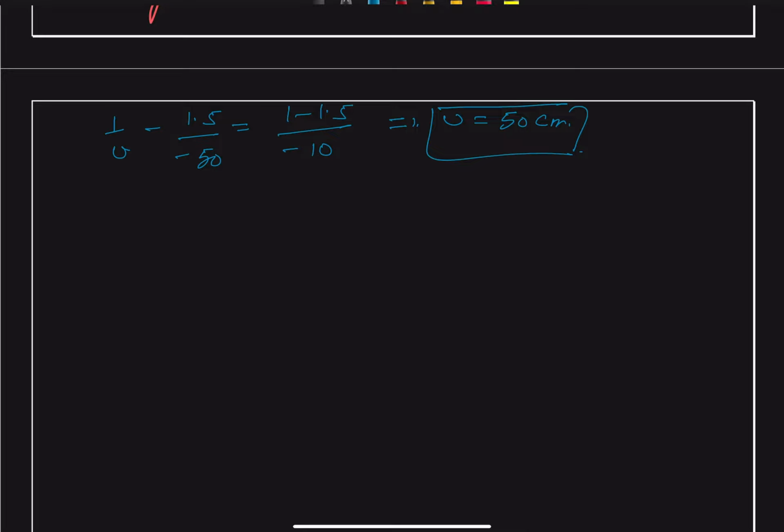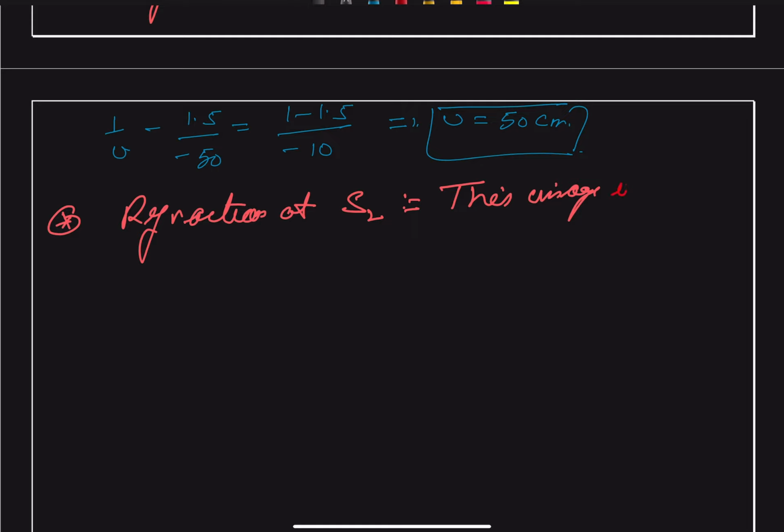Now this image is going to act as the object for the second surface. Refraction at S2: this image will act as the object for S2, and the distance between the curved surfaces is given as d.